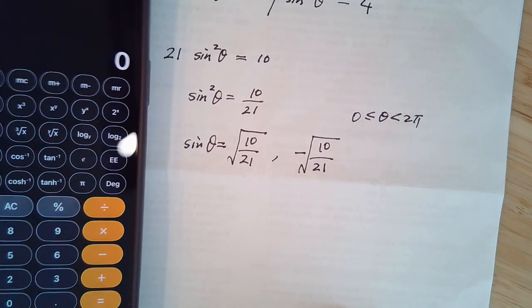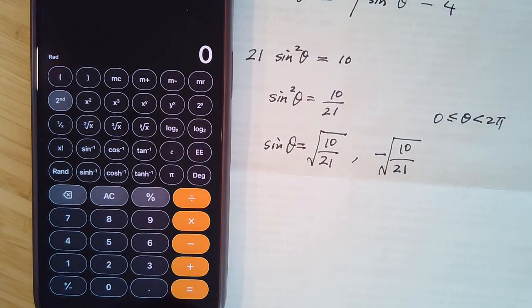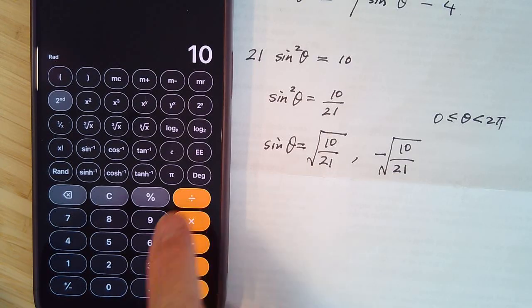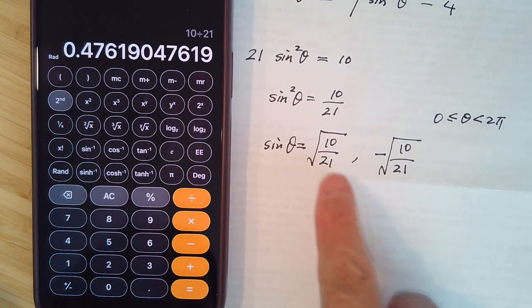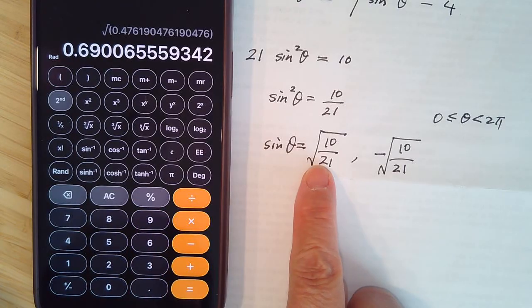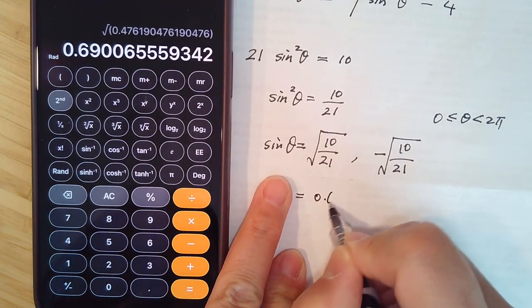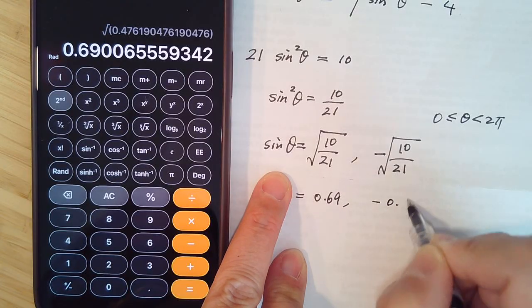All right, now let me pull out the calculator here. So I would do this, 10 divided by 21, which is inside here, and then I take the square root of it. So that's 0.69. All right, so that is 0.69 or negative 0.69.